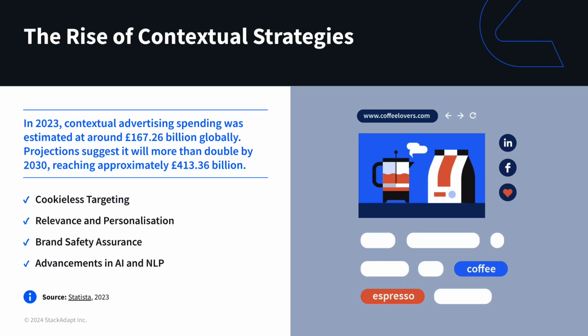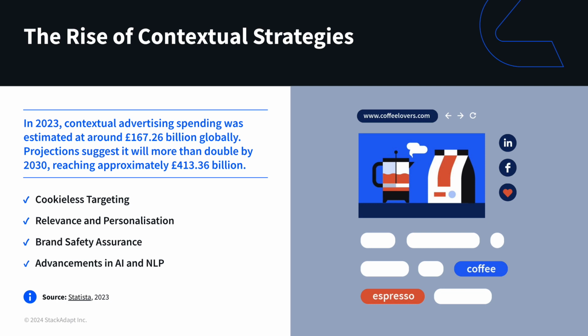And the success of this strategy hinges on information that is universally interpretable throughout the bid stream. In 2023, contextual advertising spending was estimated at about 160 billion globally. Projections suggest that it will more than double by 2030, reaching approximately 400 billion.